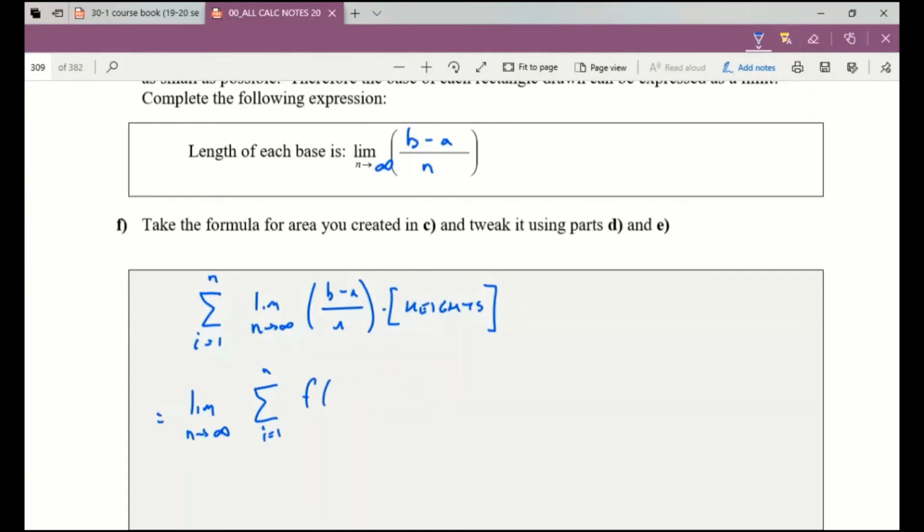We usually would write this first: f of x sub i, going from 1 to n, times delta x, which is the width. We should define this in here, where x sub i is equal to a plus i times delta x.